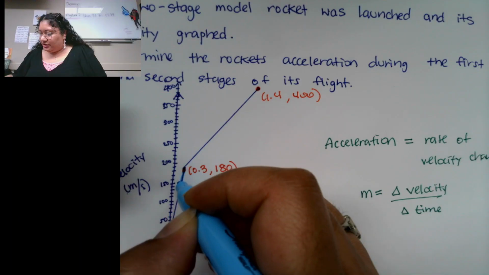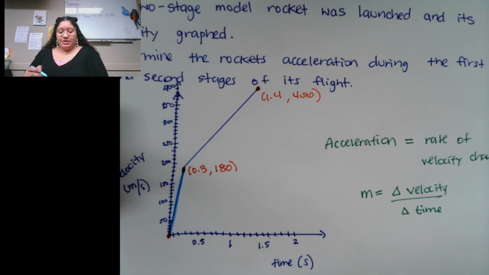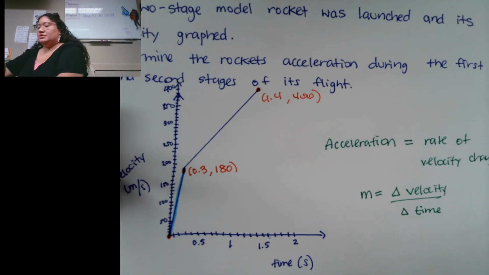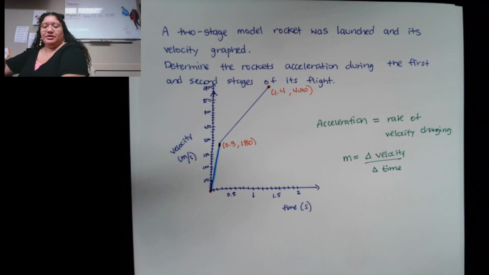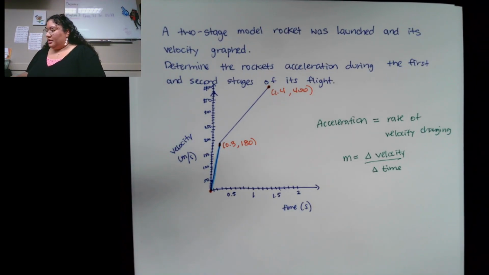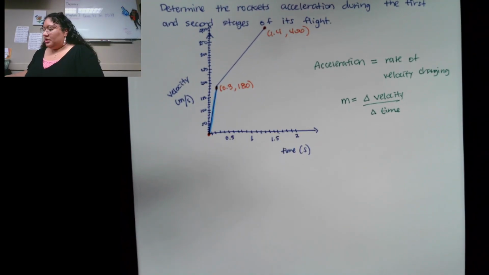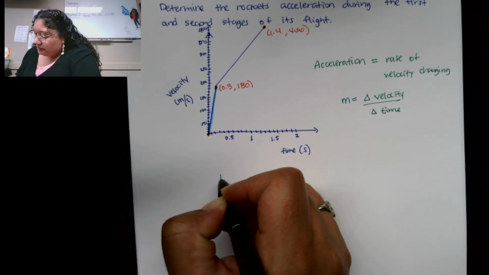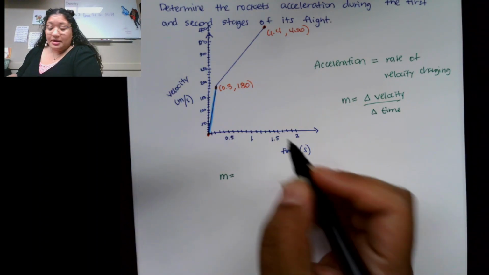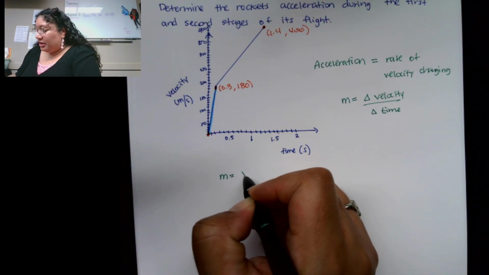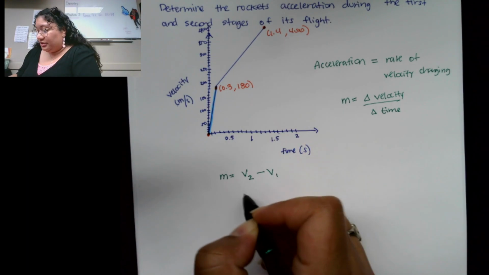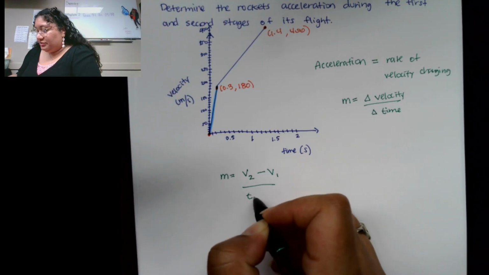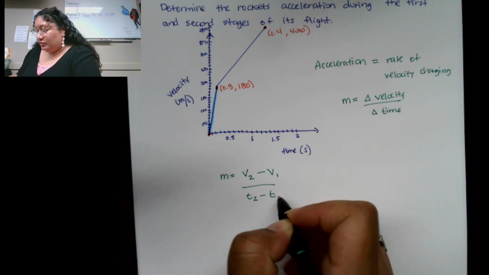Okay, so let's concentrate on the blue portion of my line. So I'm going to zoom out. That should be good for everyone. Okay, cool. My slope will be velocity 2 minus velocity 1 over time 2 minus time 1.